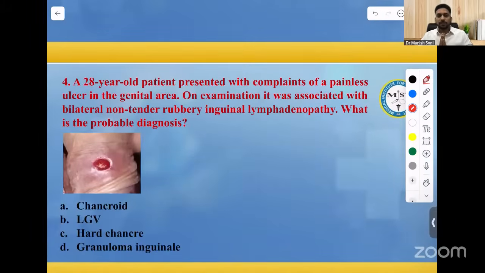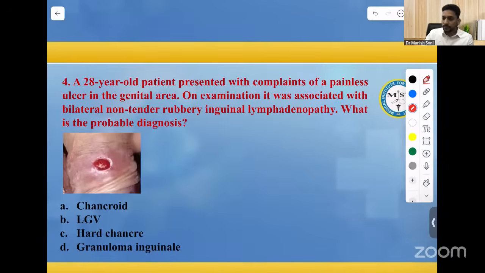A 28-year-old patient presented with a complaint of a painless genital ulcer. On examination, it was associated with bilateral, non-tender, rubbery lymphadenopathy in the inguinal area. What is the probable diagnosis? Can you tell me?